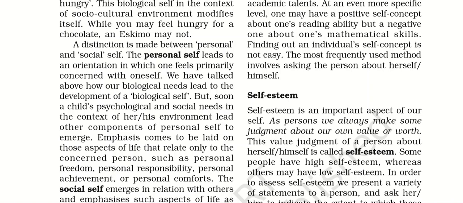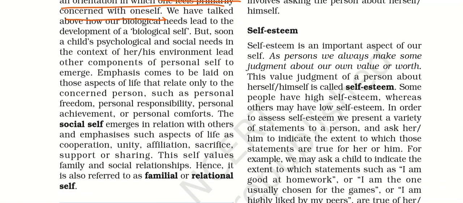When we talk about the personal self, that leads to an orientation in which one feels primarily concerned with oneself. Now, the social self emerges in relation with others and emphasizes such aspects of life as cooperation, unity, affiliation, sacrifice, and support.